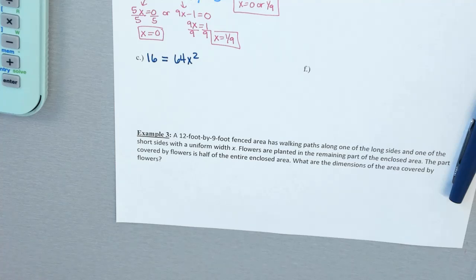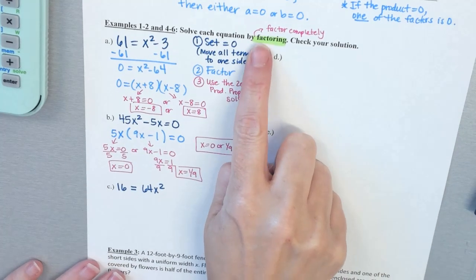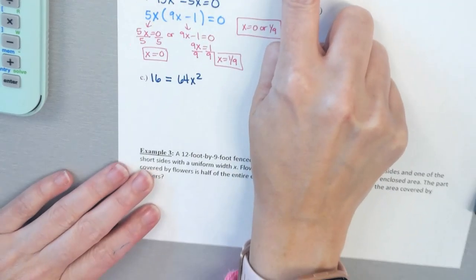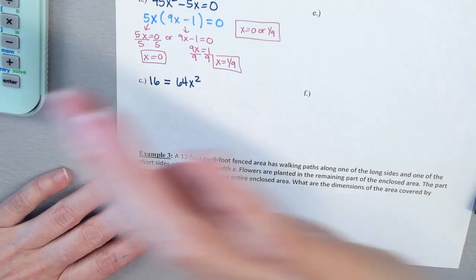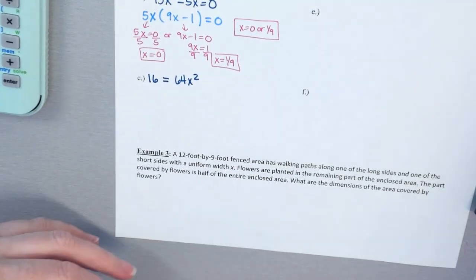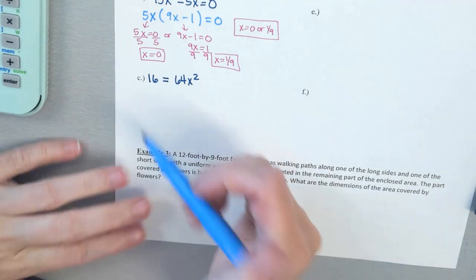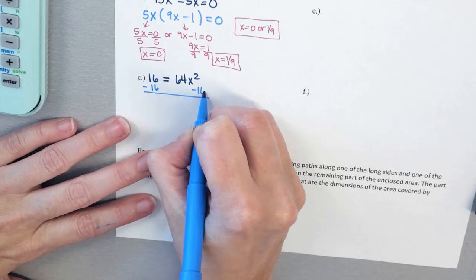So don't do any type of division here. You are solving by factoring. There are multiple ways to solve this one. Because the directions say by factoring, you have got to factor it. If it just said to solve and it didn't specify, it wouldn't matter to me how you solved it, but because the directions are telling you specifically to factor, we're going to move everything to one side.